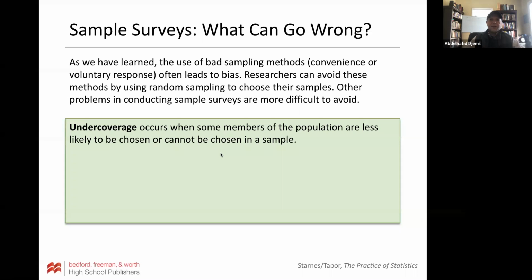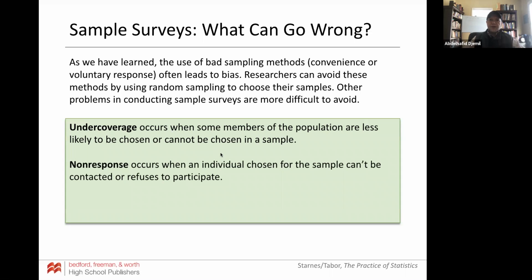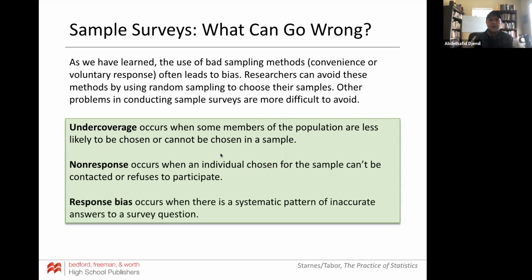You cannot cover everyone in the population. Non-response occurs when the individual chooses not to respond or reply to your survey. And then the response bias: when you ask people about their grades or their GPA, they don't give you the right thing. They just give you something that they made up, and that is a biased response. They don't give you accurate answers. They give you something that is not true.